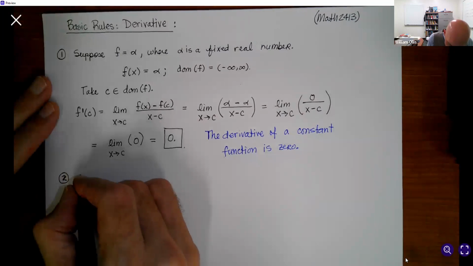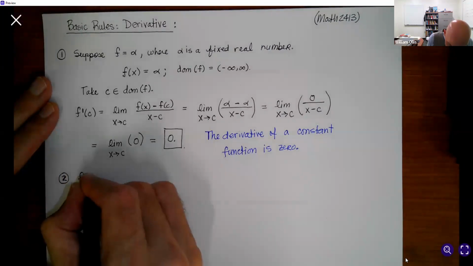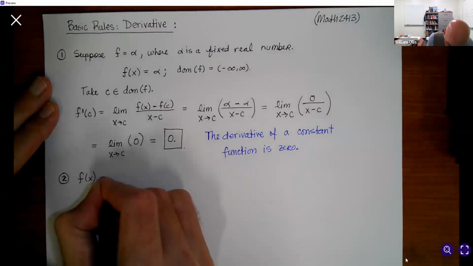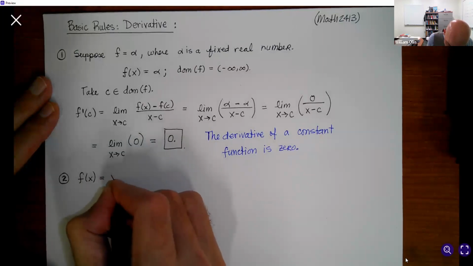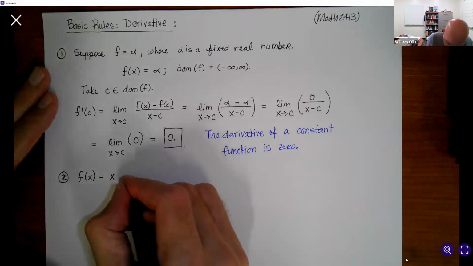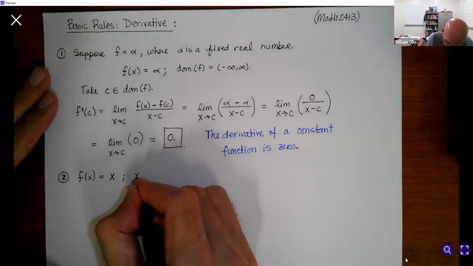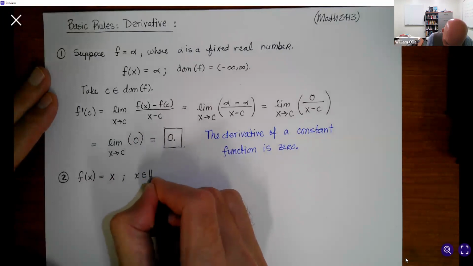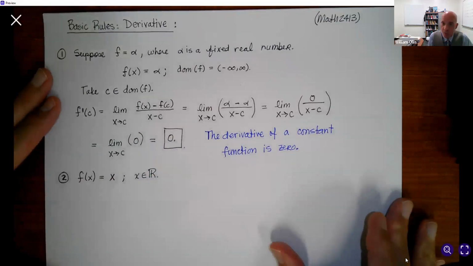So in this case, we will set f equal to x. That is basically the identity function. And in this case, we don't worry about restricting the domain. We'll just say x is a real number.